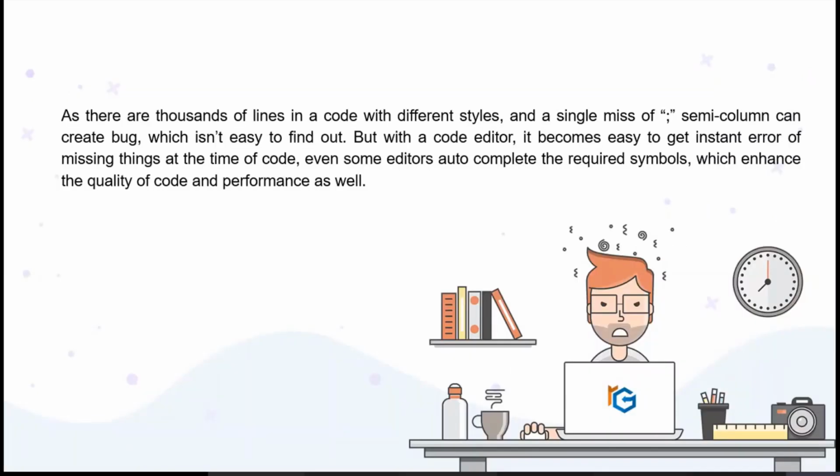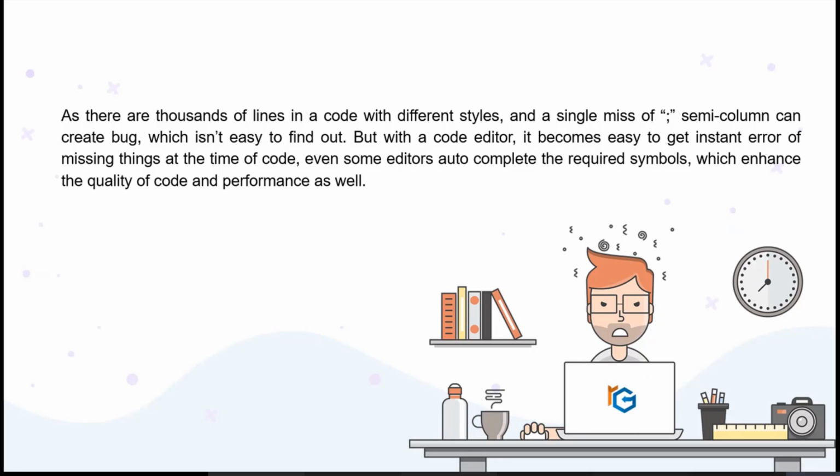As of now, there are thousands of lines in a code, but with different styles. And a single missed semicolon, you must have gone through various programming languages so far. You must have worked on C, C++ or any other programming language.